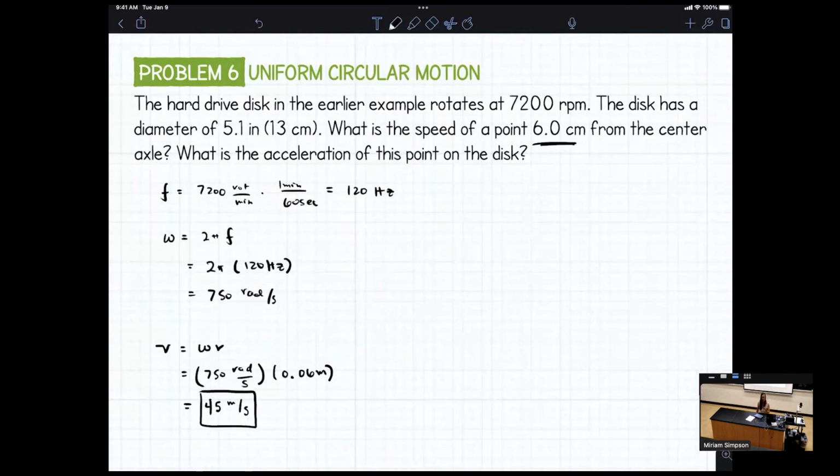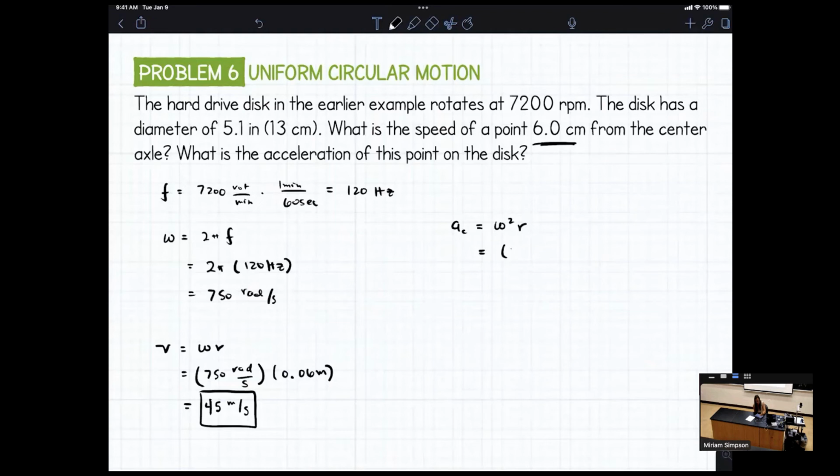I'm going to get rid of this circle here. And then the last thing we want to do is calculate the centripetal acceleration. So we'll call this A sub C for centripetal. That's going to be omega squared R, or, since we have the speed, you could do speed squared over R. Both of those are fine, and they'll give you the same answer.